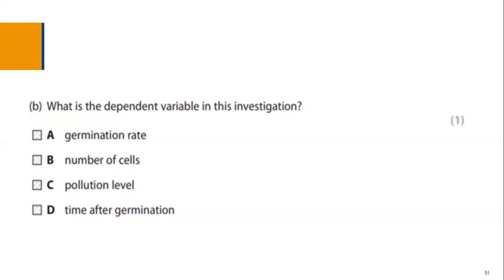Without knowing exactly what the background to the question is, it's not possible to be 100% sure which is the dependent variable. But the answer is that it is an AO3 question, which most of you agreed with. Just because it's a multiple choice doesn't mean that it can't be an AO3 question.